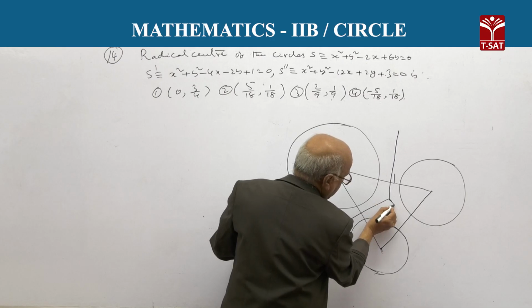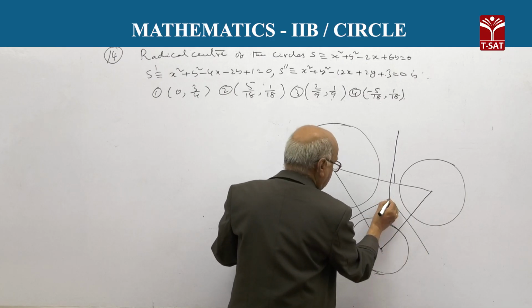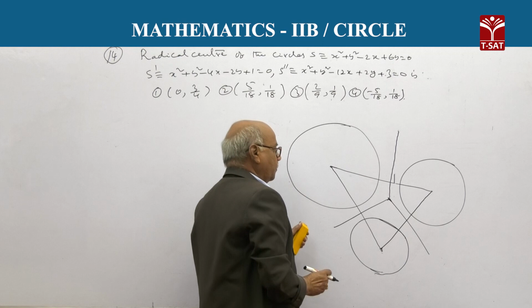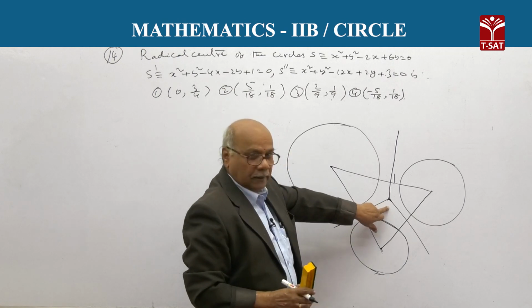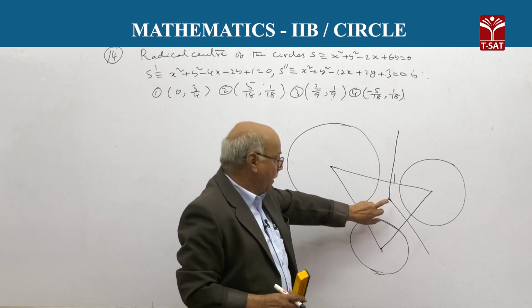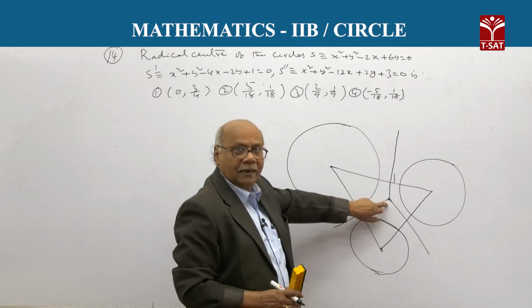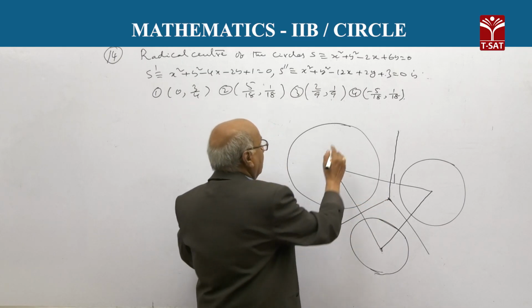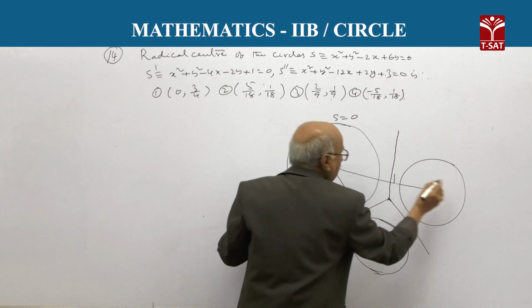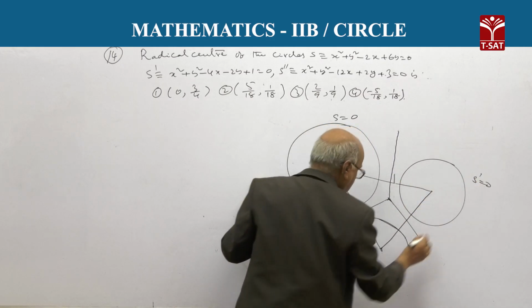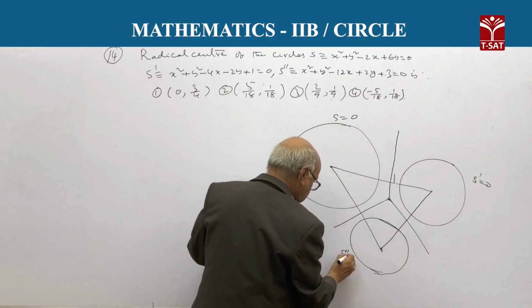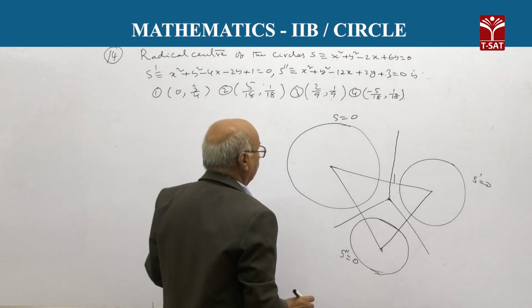Taken pairwise, all these three radical axes intersect concurrently at a point, and this point is called the radical center of the three circles. So one is S equal to 0, another is S dash equal to 0, and the third is S double dash equal to 0.